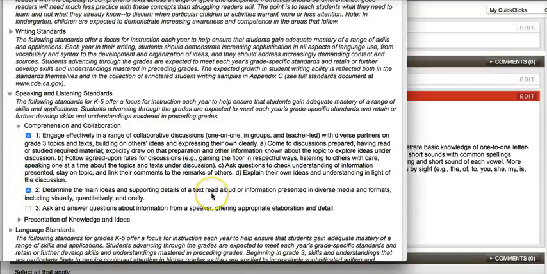Now they're going to discuss the reading so that they can find and determine the main idea, and be able to discuss details that they read that help support it. So I decide that's what I'm going to do with speaking and listening.